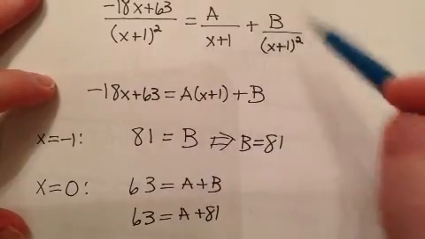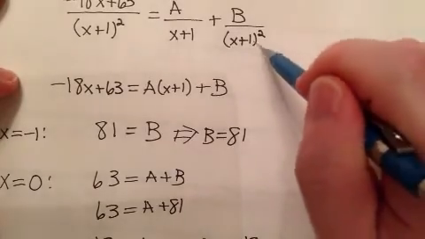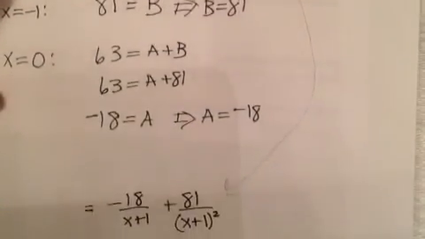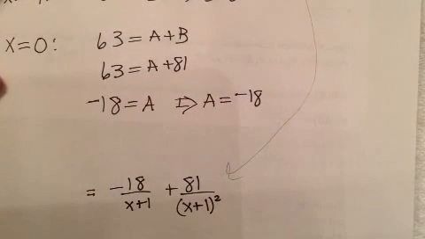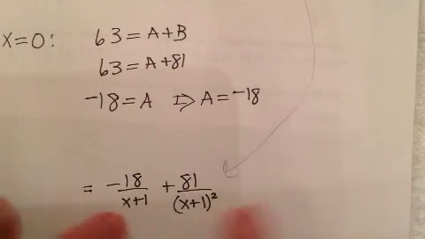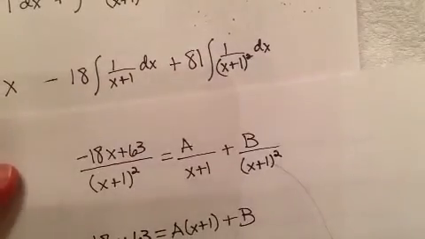And so for the partial fraction decomposition, this is going to be carried all the way over to negative 18 over x plus 1 plus 81 over the quantity of the square of x plus 1. And this is how these last two integrals end up coming about.